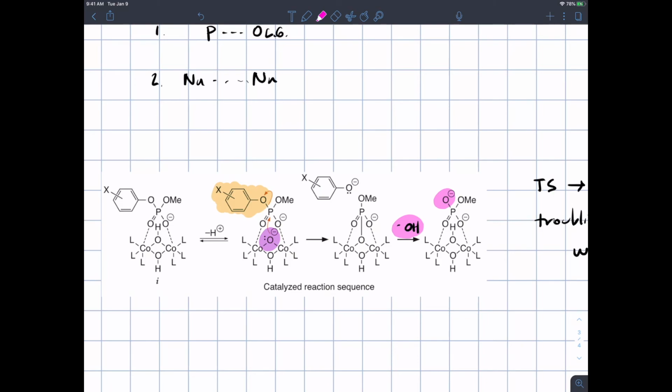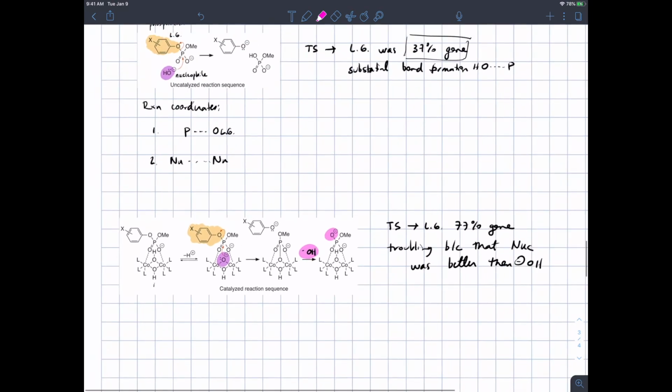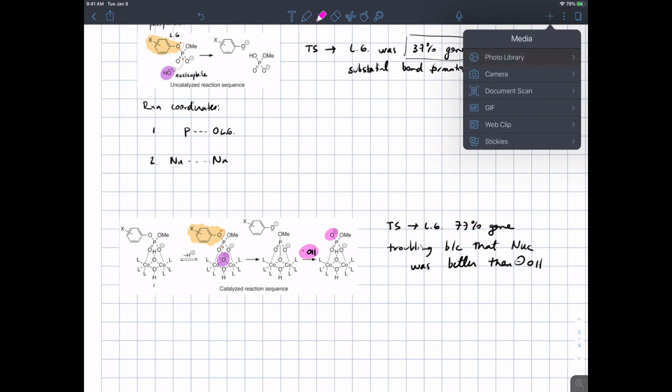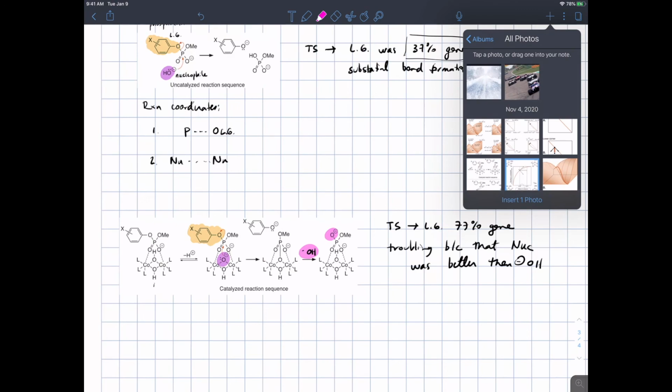And then you've hydrolyzed your phosphoester, okay? So they wanted to know, how could this be going on? The catalyst somehow makes the leaving group leave even more than it had left in the uncatalyzed reaction. And again, that's troublesome because they've anticipated the nucleophile would be even better.